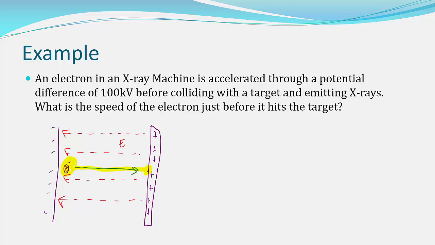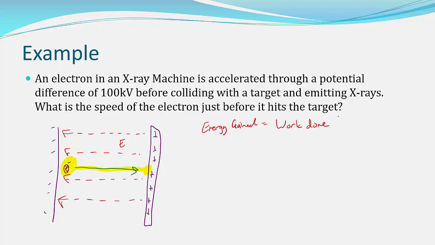So you know that it has a potential difference of 100 kilovolts, and you know its charge. So as it moves through here, it's going to be gaining energy. Once you know how much energy that is, can you then translate that to a velocity? So you have the energy gained is going to be equal to the work done on that electron.